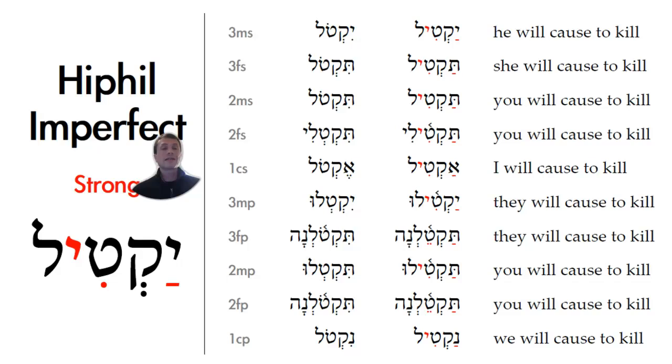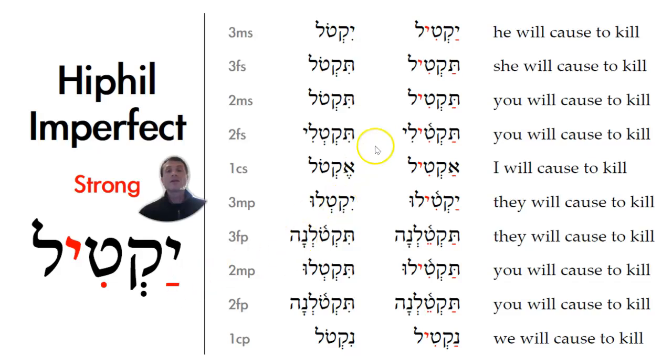Okay, let's take a look at the Hifil imperfect strong verb using yiktol. Now you know the yiktol poem, so you've memorized that. You can apply that to the Hifil stem. It's the same signal letters, the same prefixes and suffixes as the kal stem or the pa'al stem. So what are we looking for to indicate it's a Hifil?